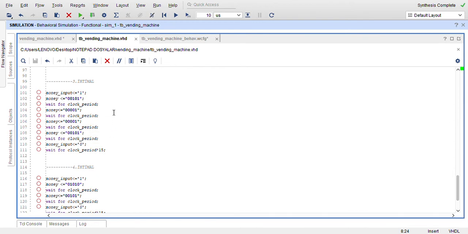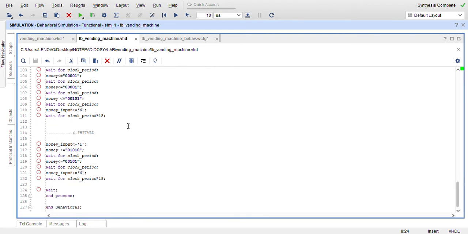We add money 4 times, and 5 plus 1 plus 1 plus 5 is equal to 12, and it's enough to buy the product. And last possibility, we have 10 Turkish liras and 5 Turkish liras. They are equal to 15 Turkish liras, and it's again enough to buy the product.